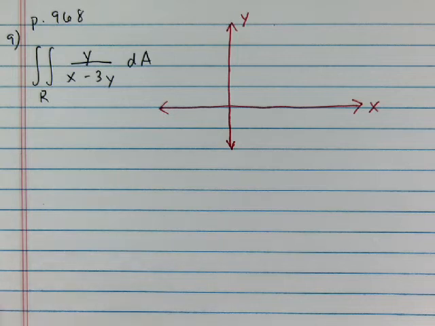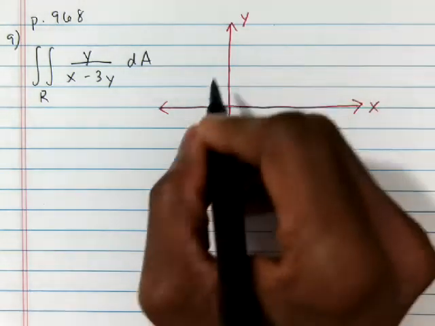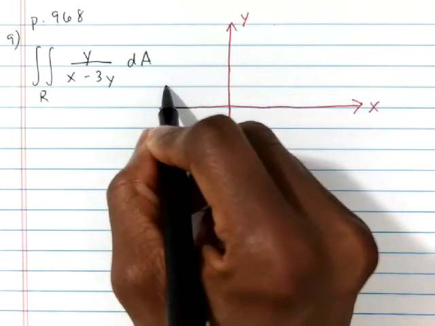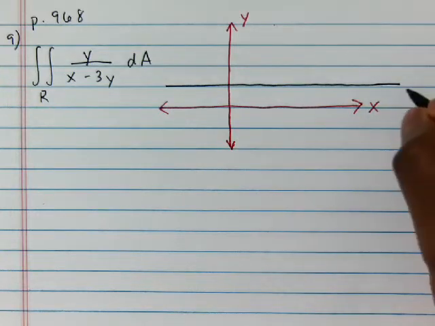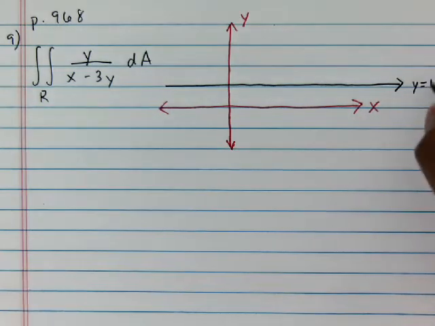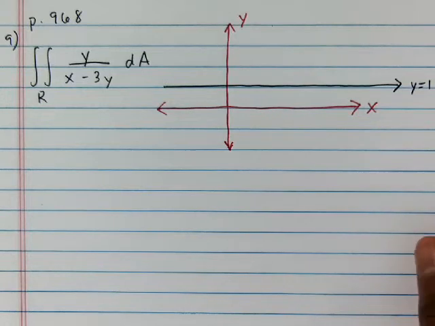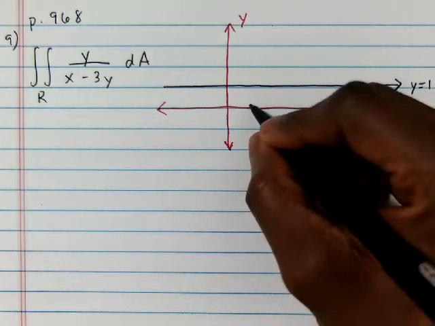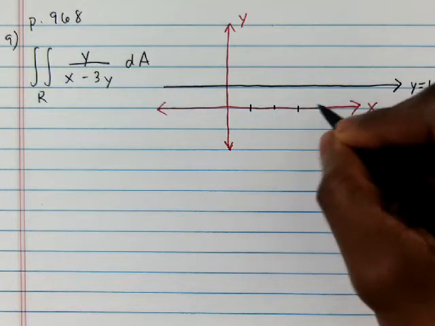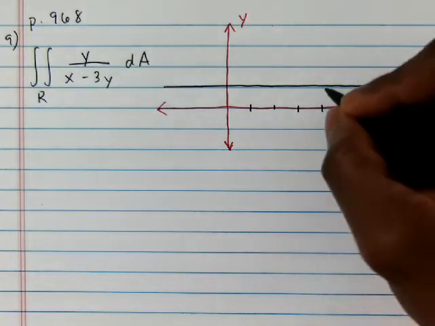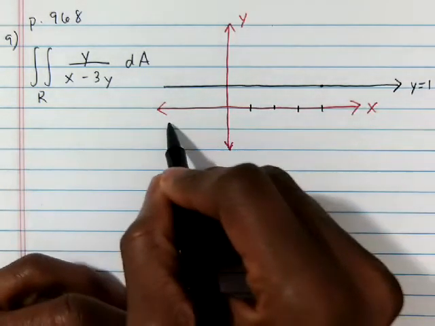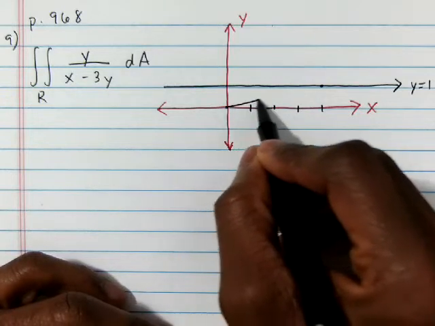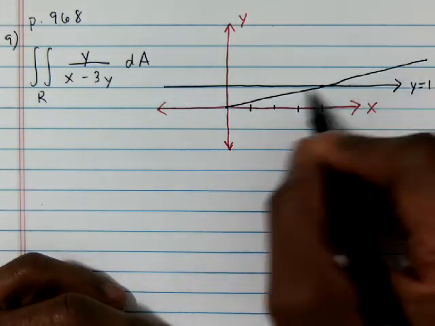So y equals 1. We'll put that right here. And then y equals 1/4 x. So say 1, 2, 3, 4. So that would be that line there.